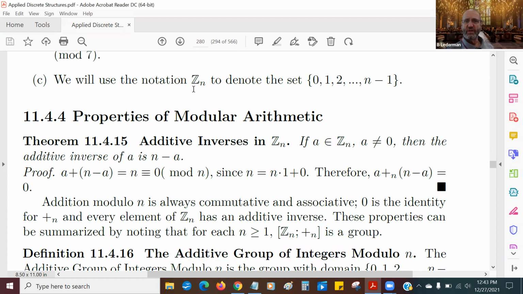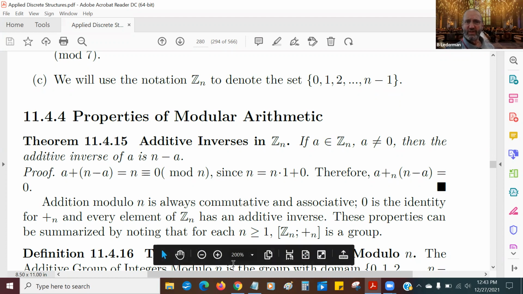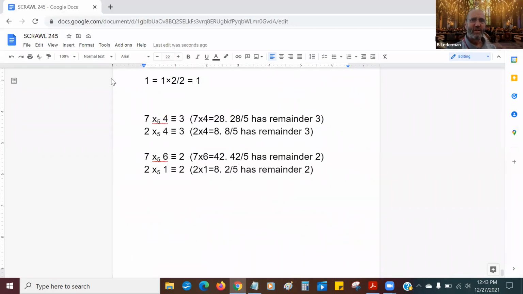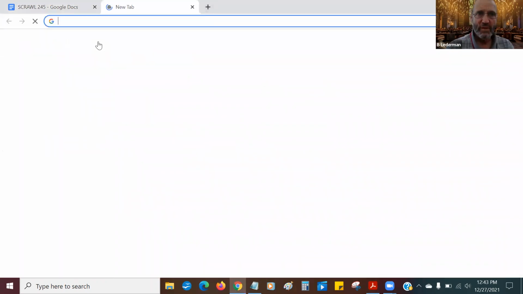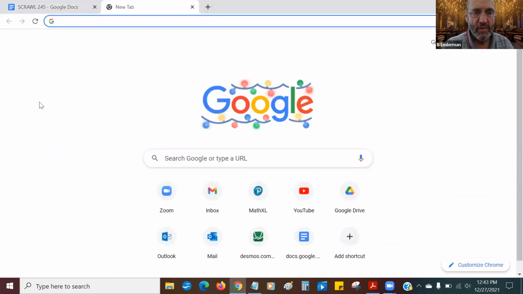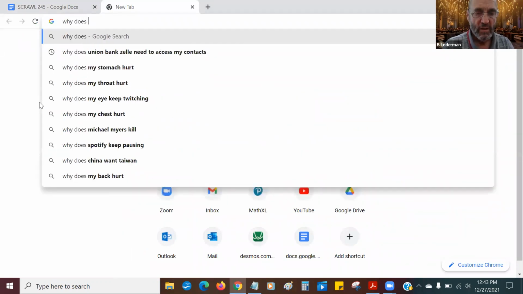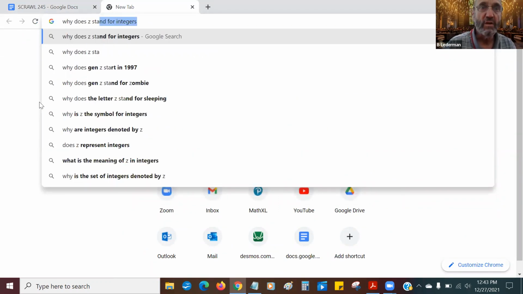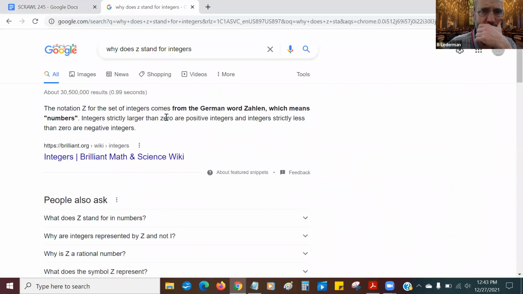Oh, Z stands for integers. Why does Z stand for integers? Zahlen, if I'm pronouncing it right, is a German word for numbers, and that's just what a lot of letters that we use are, like m stands for slope, because in French, that's the word for slope.